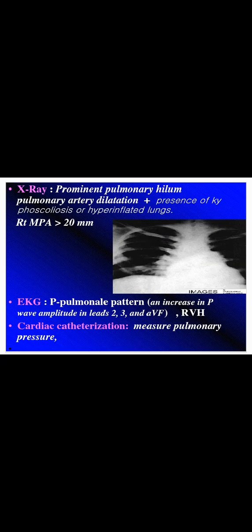If we do cardiac catheterization, we can measure the pulmonary pressures. Echocardiography is another diagnostic measure which helps to identify right ventricular hypertrophy and pulmonary hypertension. VQ lung scanning, ventilation perfusion scanning, pulmonary angiography or CT scanning can be done to diagnose pulmonary thromboembolism.